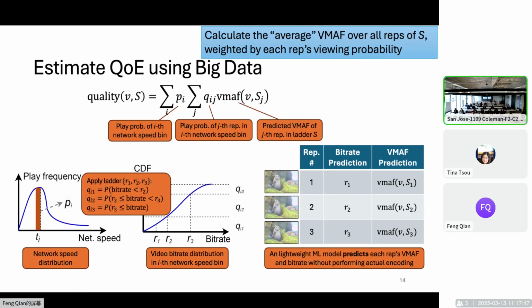If the bitrate is between R2 and R3, we use the middle level. And if the bitrate is higher than R3, we use the highest level. And lastly, we rewrite this as a matrix multiplication to speed up the calculation. It can speed up by 10 times. I understand this slide is a little bit crowded, but I just want you to appreciate the technical depth of what we do every day.